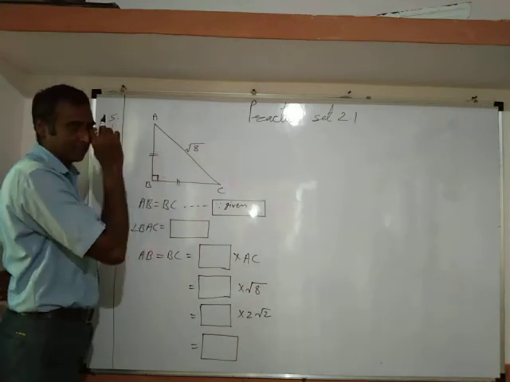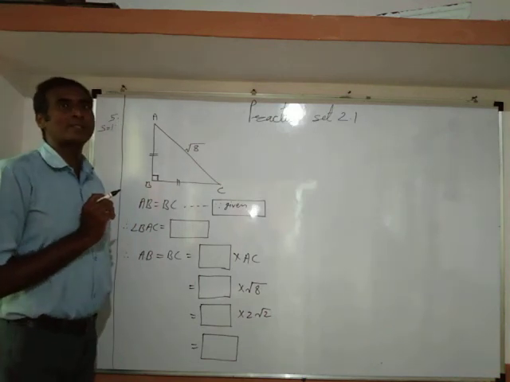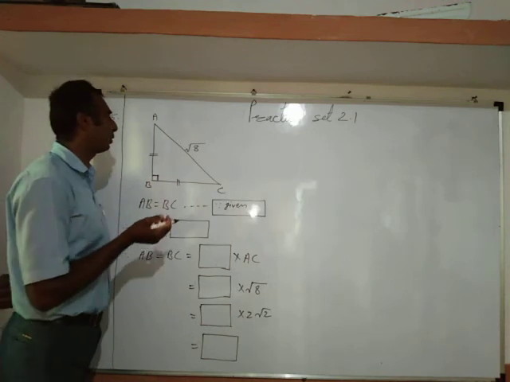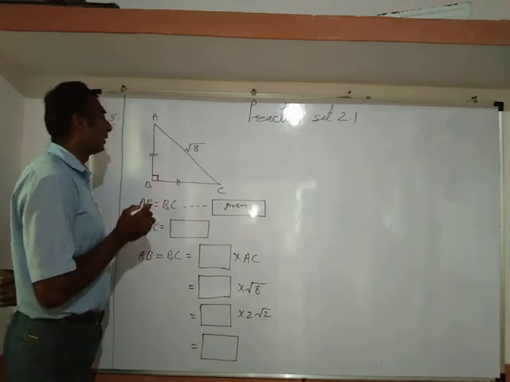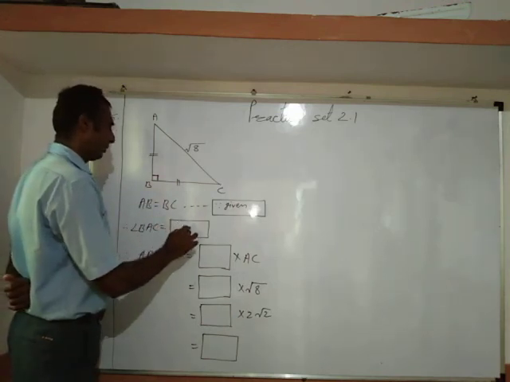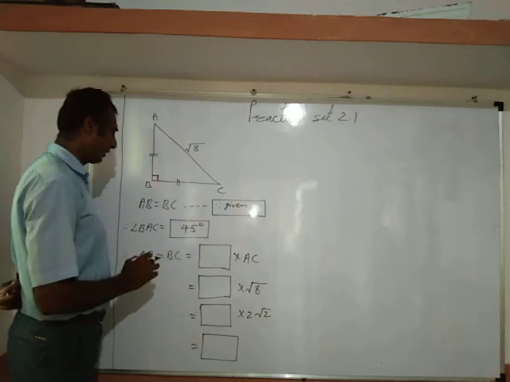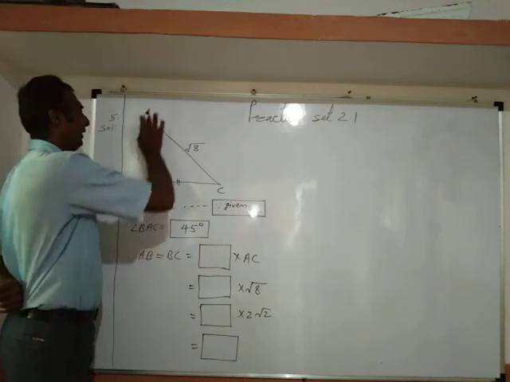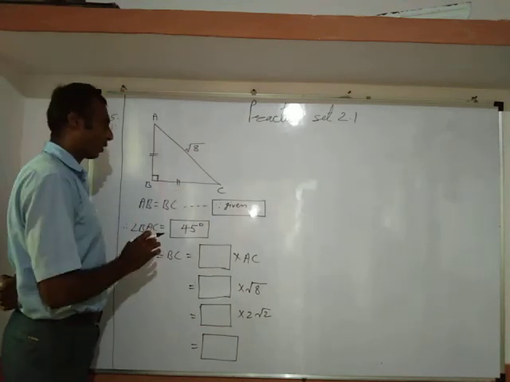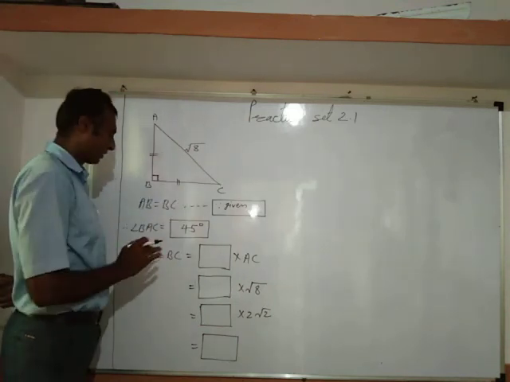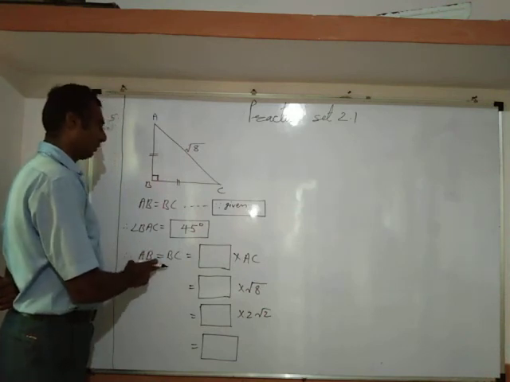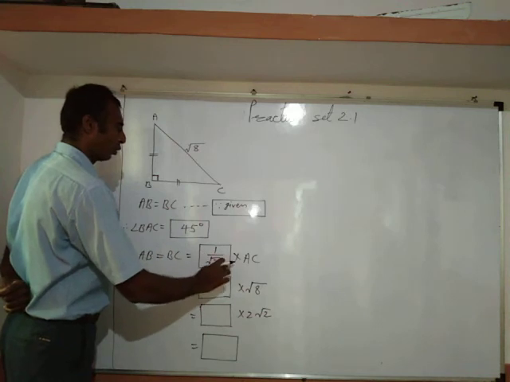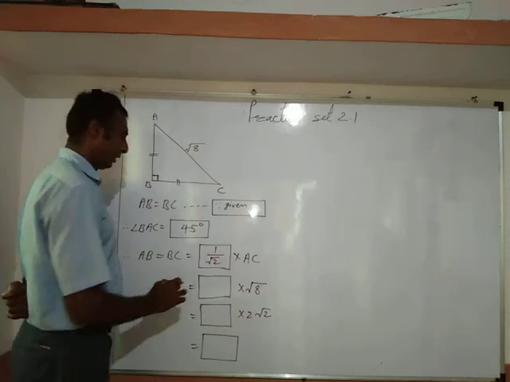AB equals BC means it is an isosceles right angle triangle, and we know that in an isosceles right angle triangle both acute angles measure 45 degrees. That's why angle BAC must measure 45 degrees, and by 45-45-90, each of the equal sides is 1 upon root 2 times the hypotenuse, therefore AB equals BC equals 1 upon root 2 into AC.